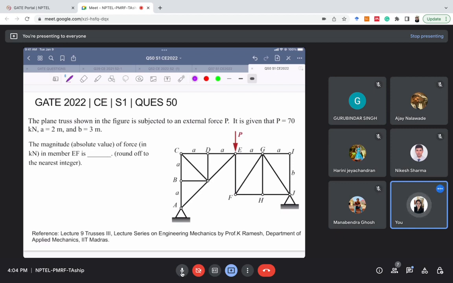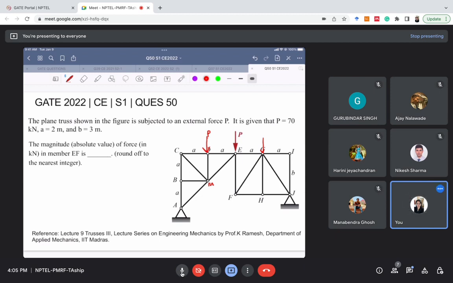Then you might ask that if they don't carry any force, why do they exist? If they are not contributing in any way, then why are such members cast? So the simple answer is, let's say the member DM is a zero force member. DM does not carry any force for this particular loading, but maybe when the load is at D, then this DM will carry some force.